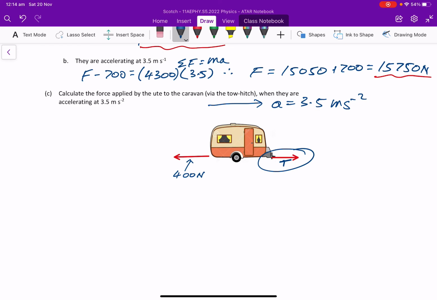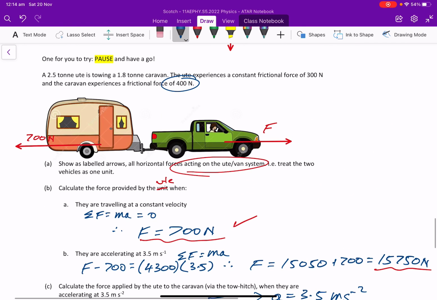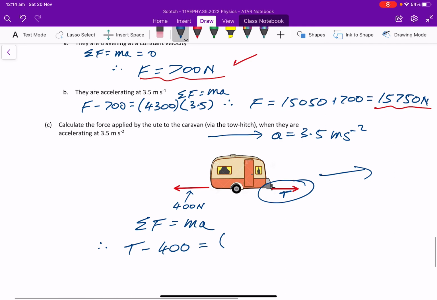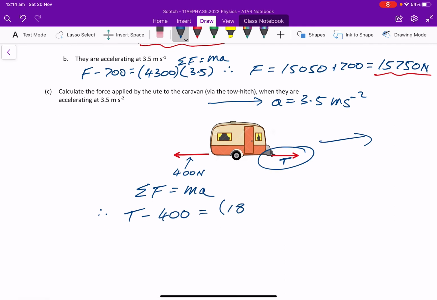There's a force of T pulling it forward. The difference between those is always equal to ma. Sum of the forces equals ma. Therefore, what's bigger? It's got to be T, because it's accelerating this way. Yep. T take 400 equals mass. What mass? Just the mass of the caravan, 1,800, and it's accelerating at 3.5.